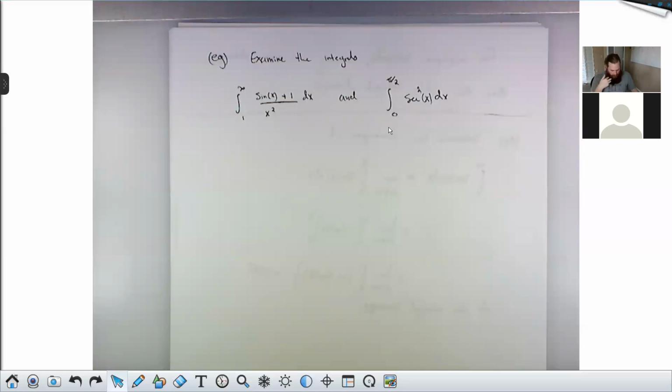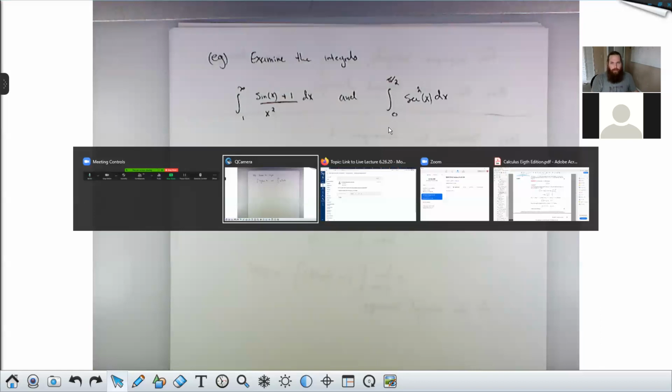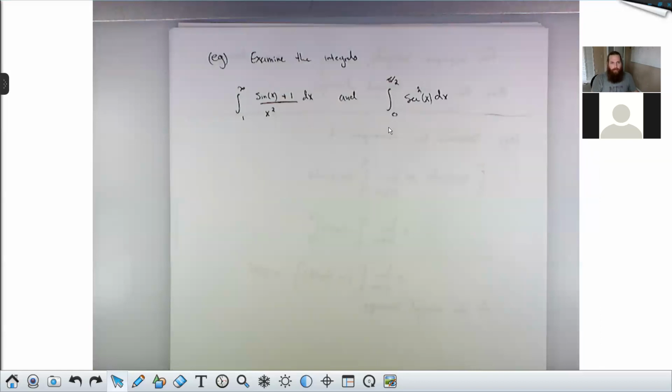But we're getting closer. Does anybody remember the two different ways we talked about the integral of 1 over 1 plus x squared last time? That guy we were able to evaluate directly. But then we also were able to look at him using our comparison theorem.